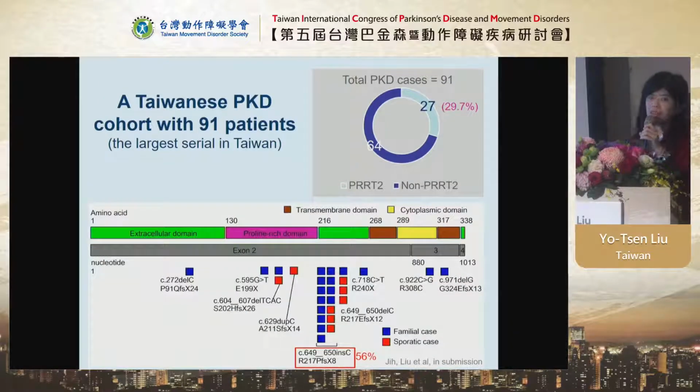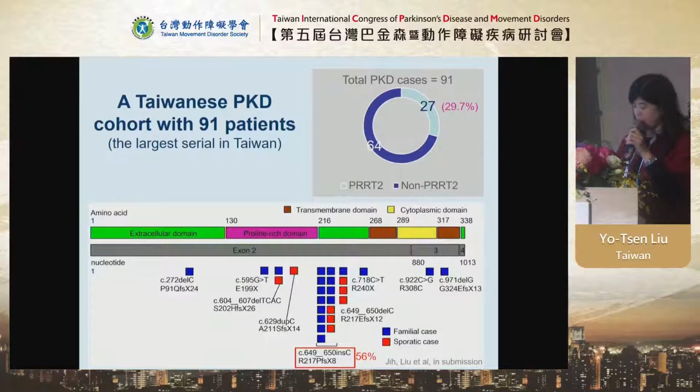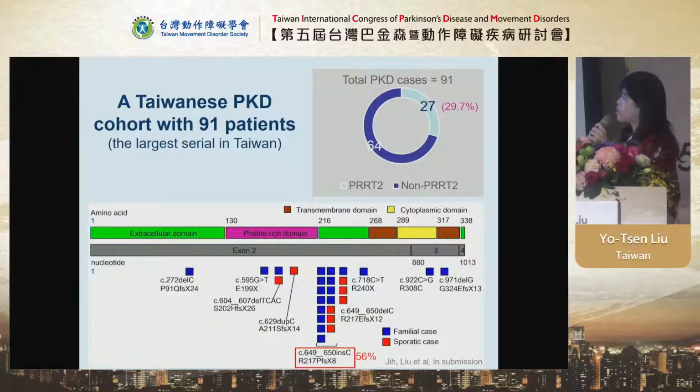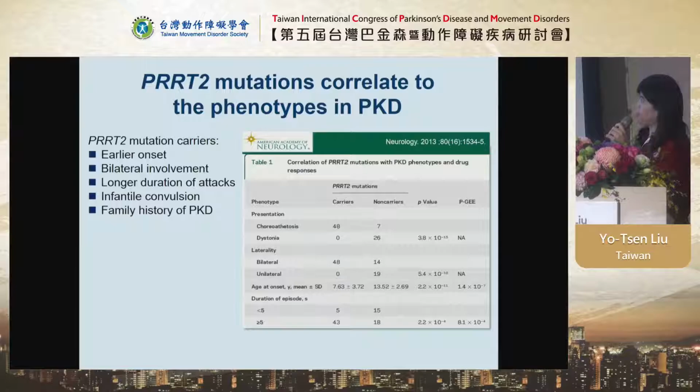In the past few years, we kept recruiting more patients, and now the cohort should be the largest series in Taiwan. And still the same conclusion: PRRT2 is the most common causative gene in PKD. The hotspot mutation accounts for more than half of PRRT2-related PKD. But what's the importance? Because PRRT2 mutations are associated with some clinical phenotypes.